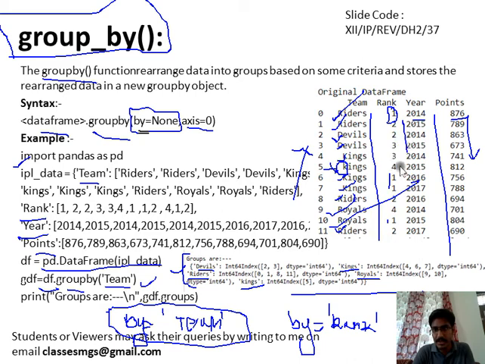Then 3 is repeated 2 times, so 3 will be another group. Then 4, so these 4 groups will be created if we group by rank. If we group by year, then 2014, 2015, 2016, 2017, 4 groups will be created. If we group by points, similarly we can create groups by points also. So group by means the same values will fall under a group.